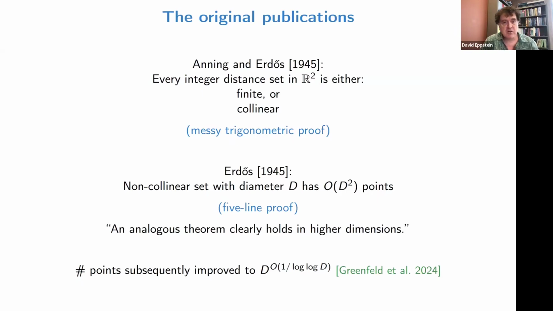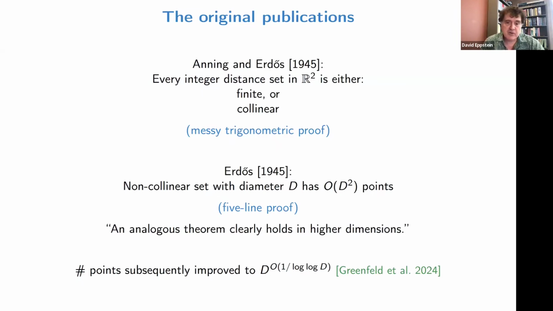in the same year, in the same journal, Erdős by himself published a one-page paper proving the same thing, proving a little more strongly that if you have a set of points in the plane with diameter d and they're not all on a line, then there are only O of d squared points.